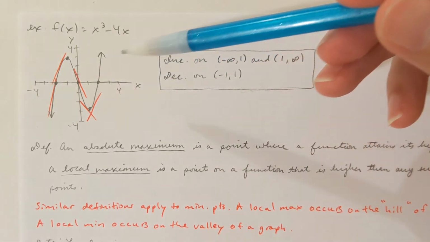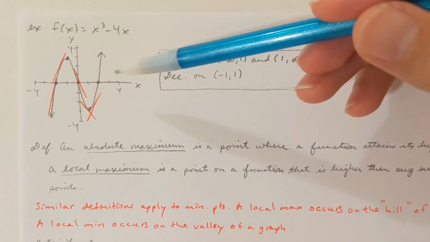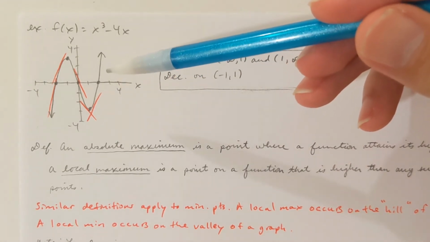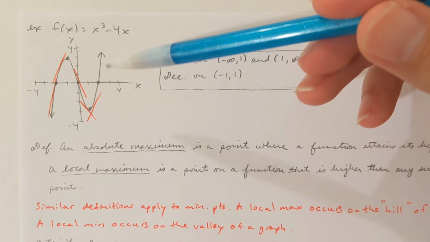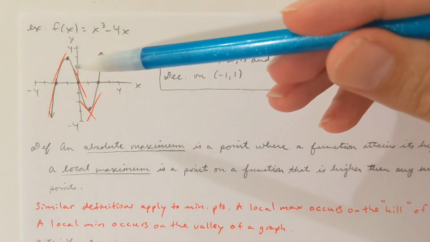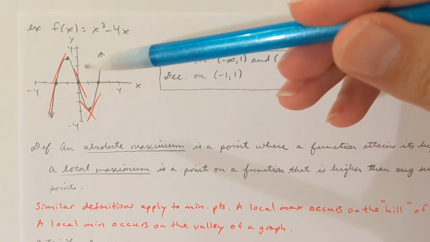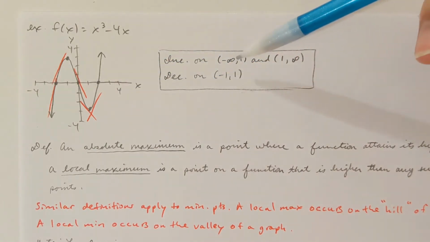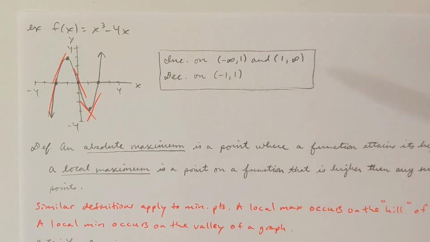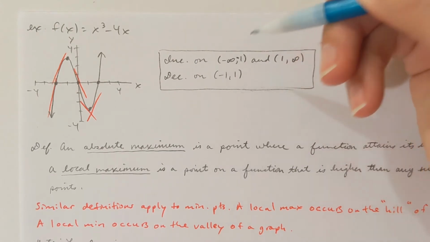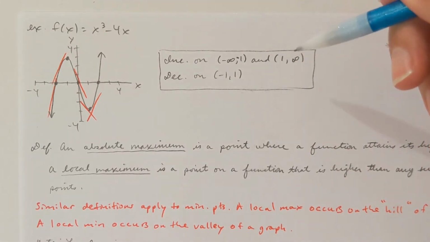And I do have a function, so I will never have a vertical line. It will be a fairly steep slope, slanted in the negative direction, indicating that I'm increasing on the interval negative infinity to negative 1, and 1 to infinity.